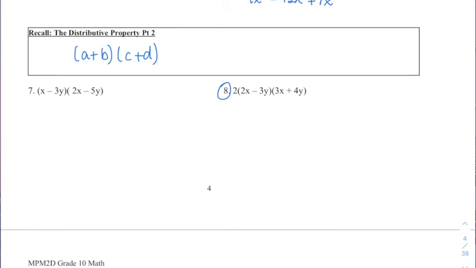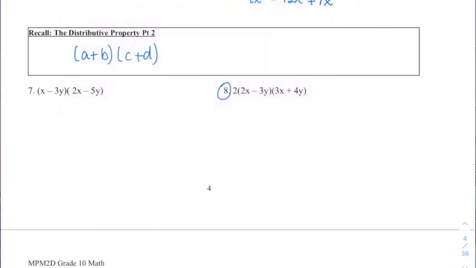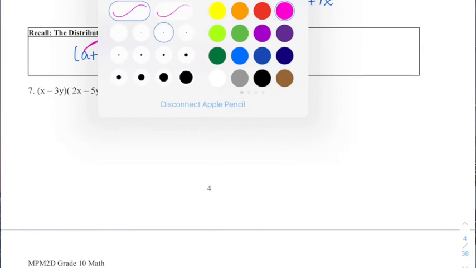It only works for binomials multiplied by binomials, but essentially what we want to do is we take the a and we multiply both things in the second bracket by a. Okay, so we get a times c. And in this case, we're going to add because we just take the sign of the multiplication. So positive a times positive c is positive.